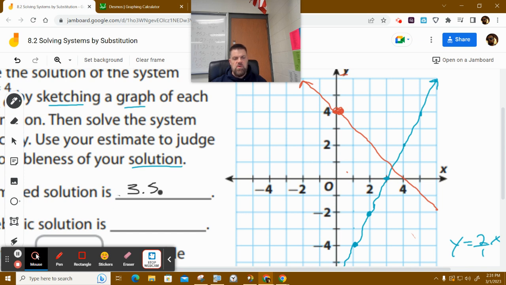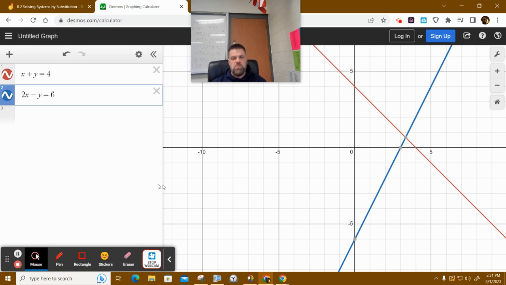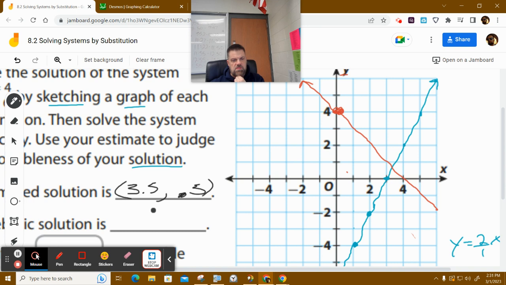So I would say 3.5 comma 0.5 roughly. And then when we look at this, the algebraic solution is 3 1/3 and 2/3. So it's 3.3 repeating and then 0.6 repeating.